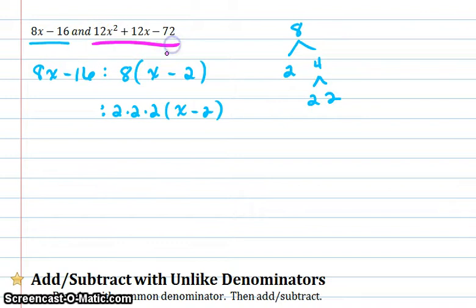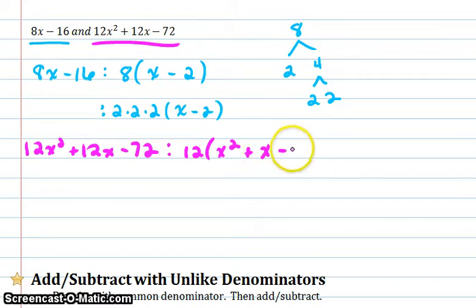Now let's factor 12x squared plus 12x minus 72. Notice how 12, 12, and negative 72 all have a factor of 12. So we're going to bring that factor out front, and then left over we have x squared plus x minus 6, because 6 times 12 gives us 72.